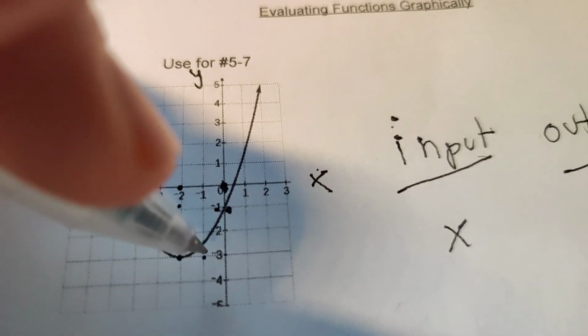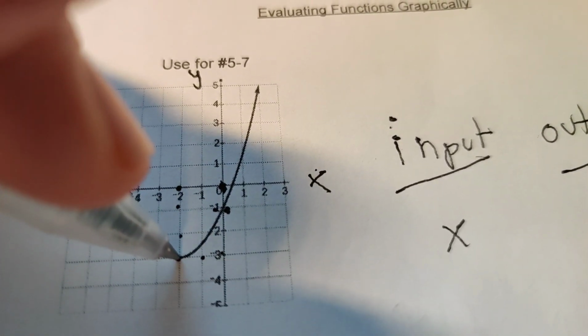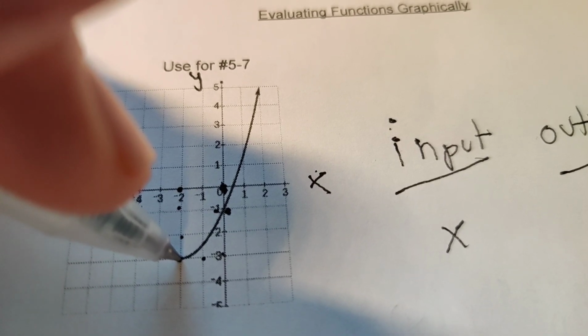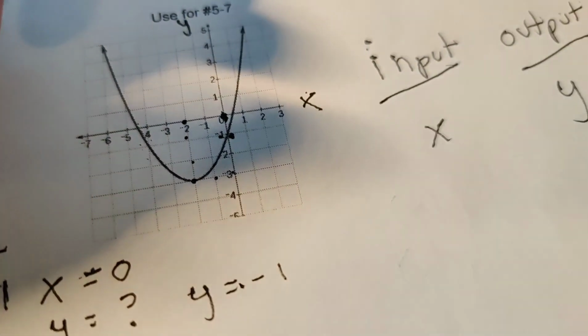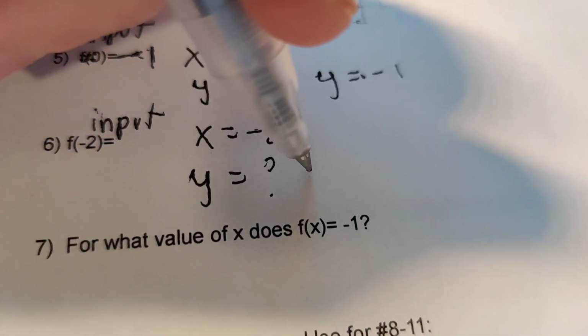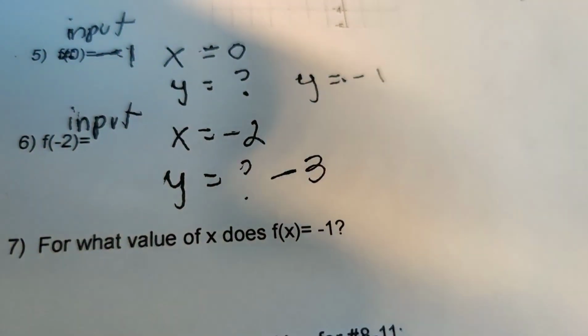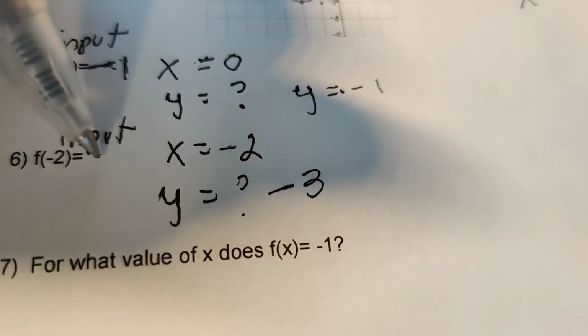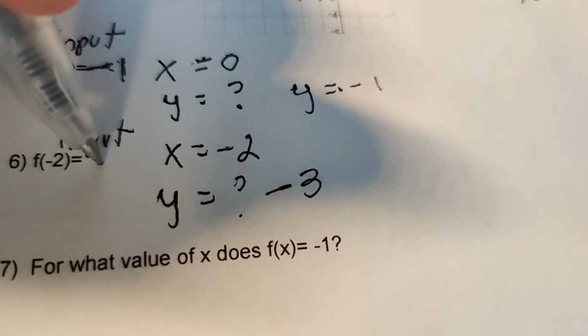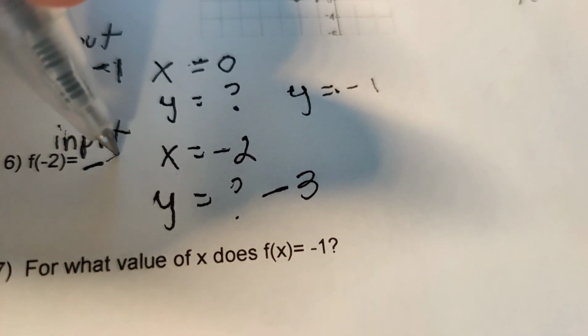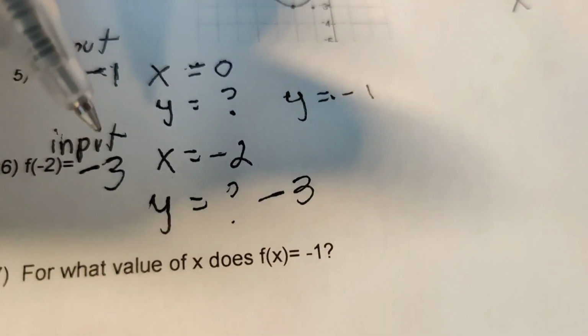Well, to get the y values, we go across. Right at this point, the y value you should see is -3. All right, so the y is -3, or f of -2. When our input is -2, our output value or our y value is -3.